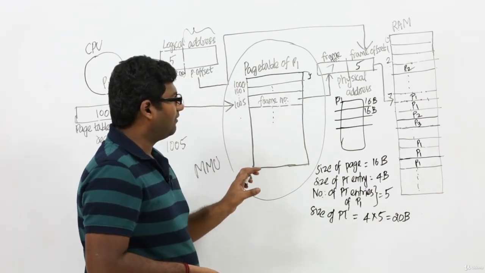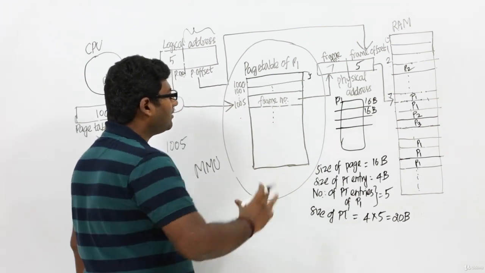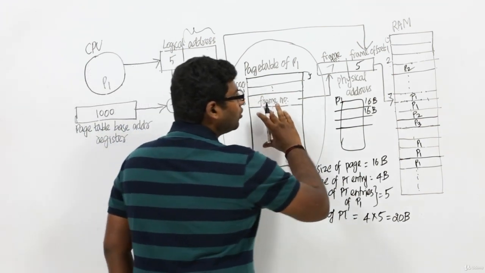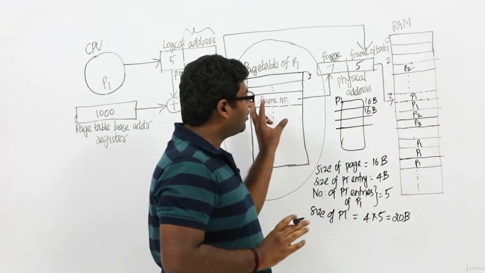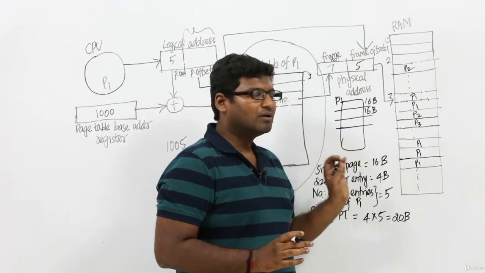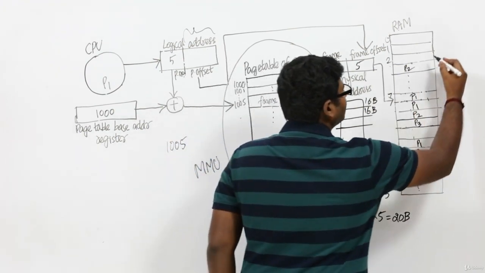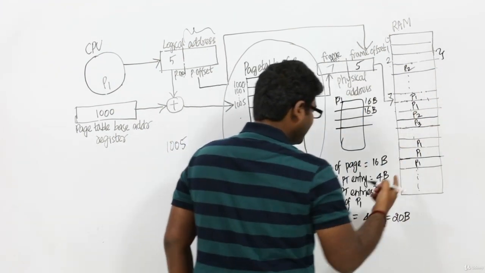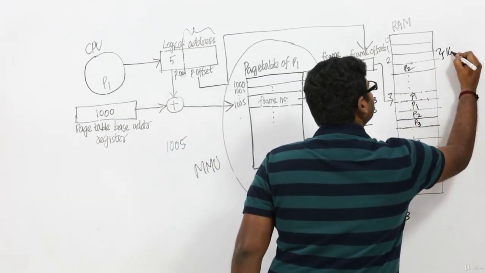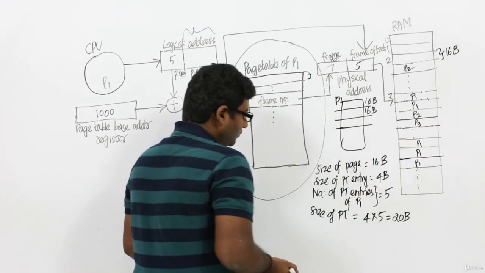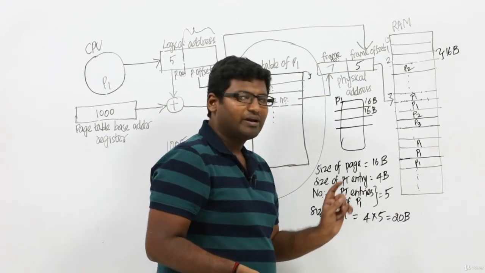I have already told you that even the page table of a process will be placed in a frame of RAM. But we have already seen that the size of a page or frame is 16 bytes, and now the size of the page table is 20 bytes.